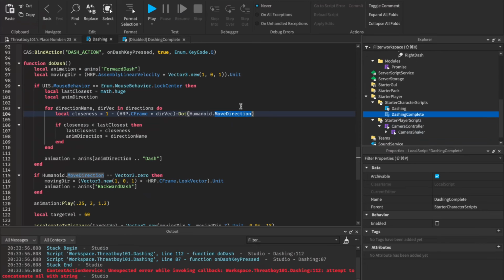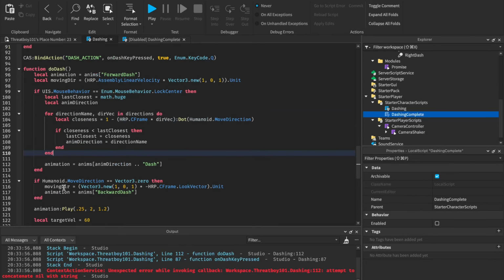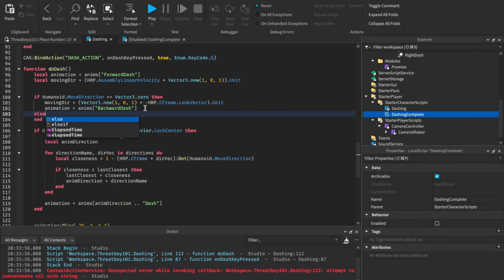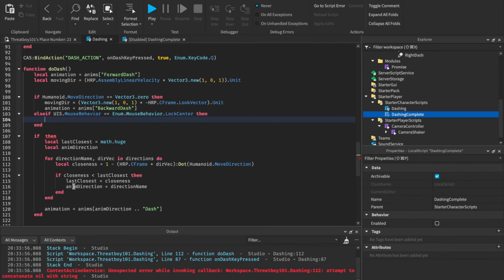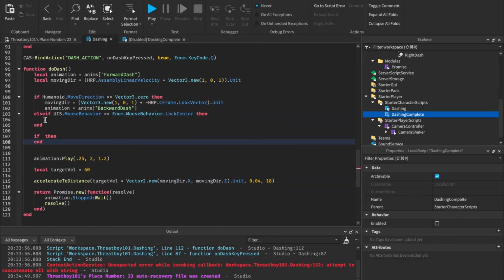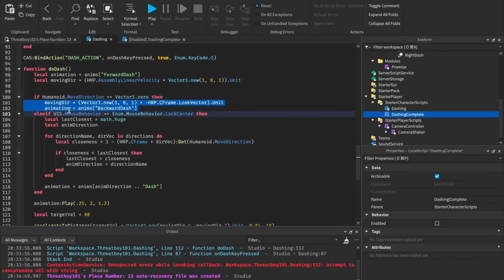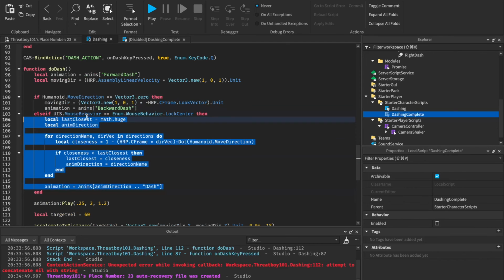Move direction, I believe, is already a unit vector, so it's unnecessary anyway. I'm going to move things around slightly because only one of these happens. This way we check move direction first. If it's zero, then you do this. Otherwise, we can go ahead and do the shift lock logic.